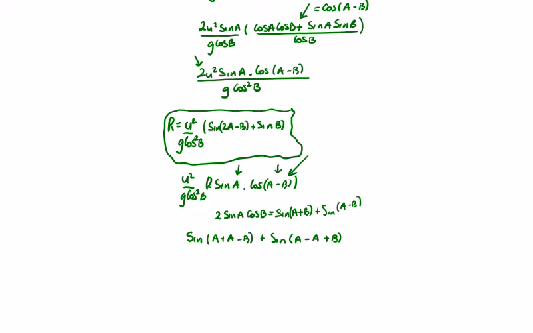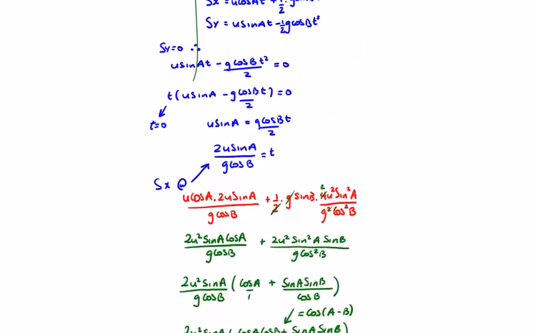The minus would change these signs. So that's going to give us the sine of 2a minus b plus the sine of b, times u squared over g cos squared b. And that's what they're looking for in this part A. So QED. Okay, next part.